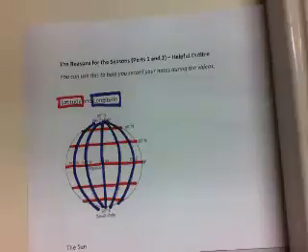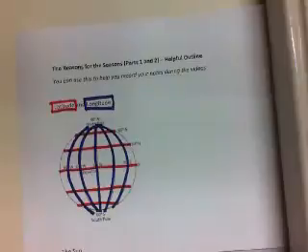Now, take just a moment and think to yourself, is the equator a line of latitude or a line of longitude? You may want to pause the video. So the equator is actually a line of latitude.